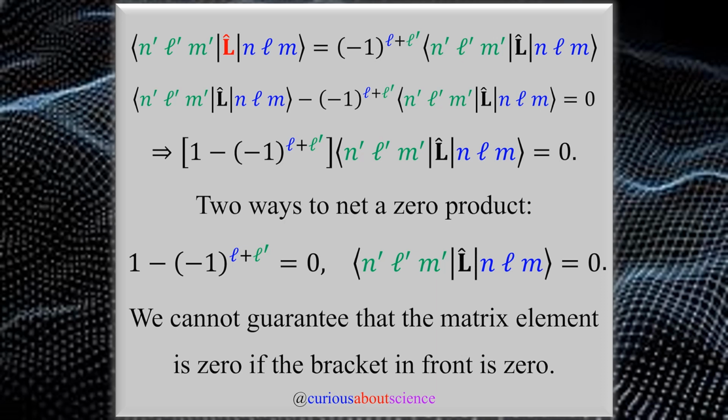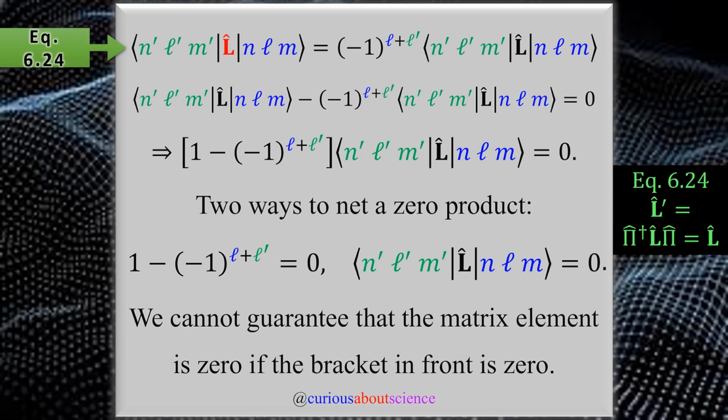Well, thankfully, we know that based on transformation rules of parity acting on angular momentum, which is composed of r cross p, both of those are inverted under parity, so in their cross product, the negative signs cancel, and we go back to referencing equation 6.24, which tells us that L prime is equal to L. Cool.